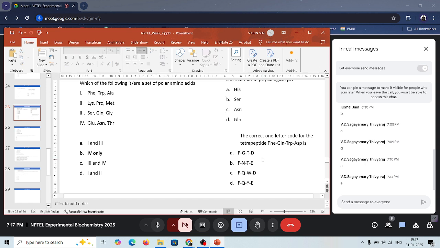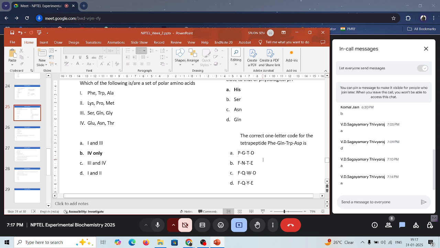Now, the next one, the one letter code for the tetrapeptide. You have a tetrapeptide over here which has phenylalanine, glutamine, tryptophan, and aspartic acid. So the one letter code for this tetrapeptide should be what?